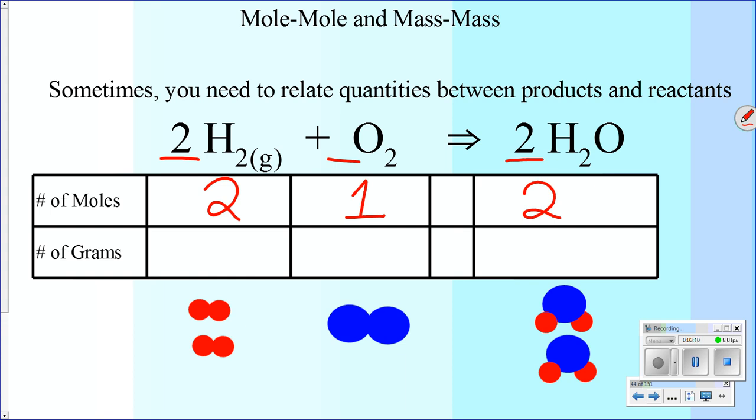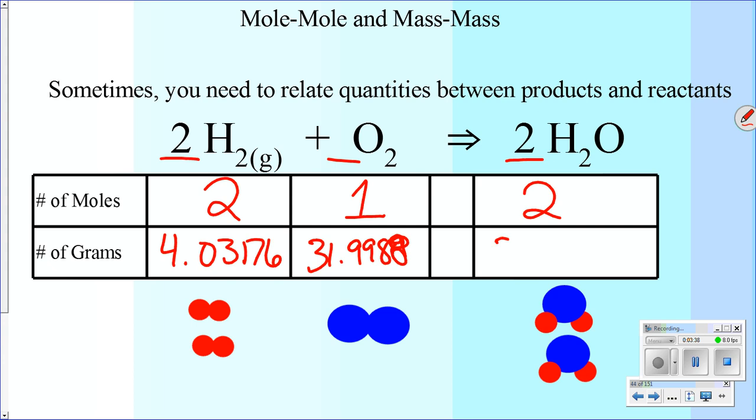So we actually have 4.03176 grams of hydrogen if we have 2 moles of hydrogen. We have 32 grams of oxygen. And for water, sorry, I should have calculated these ahead of time.